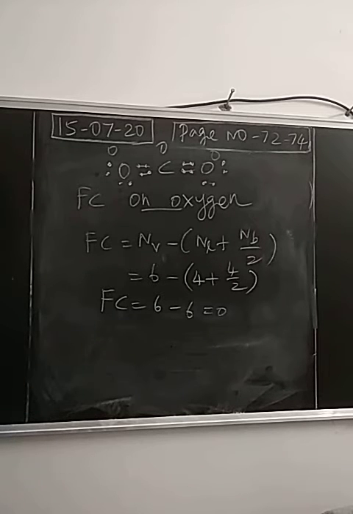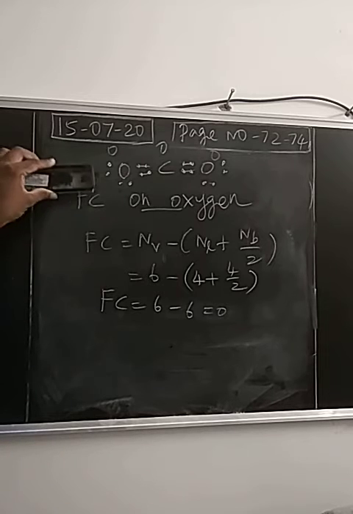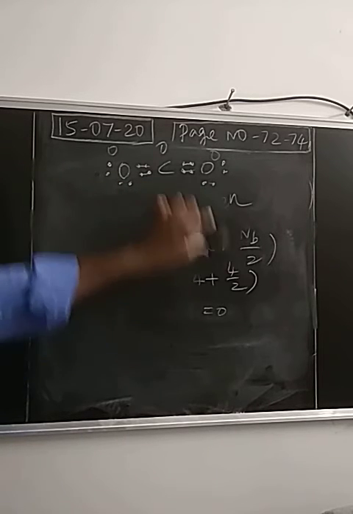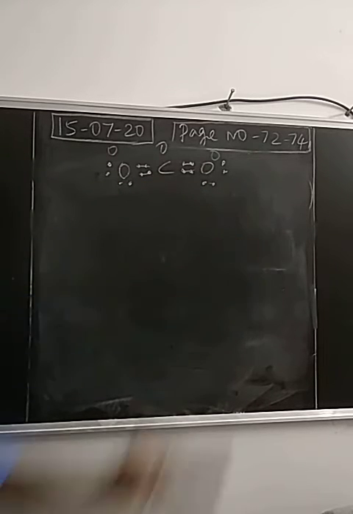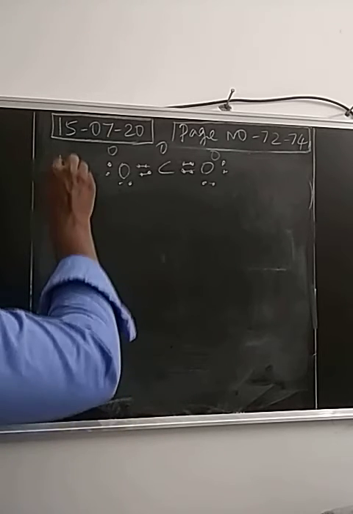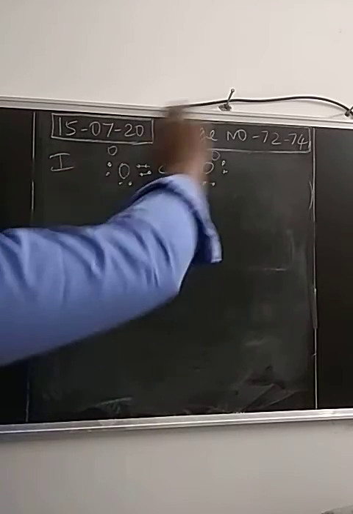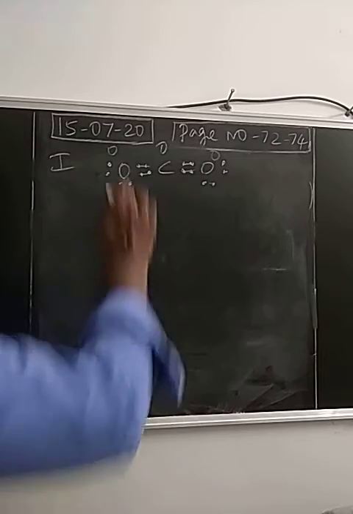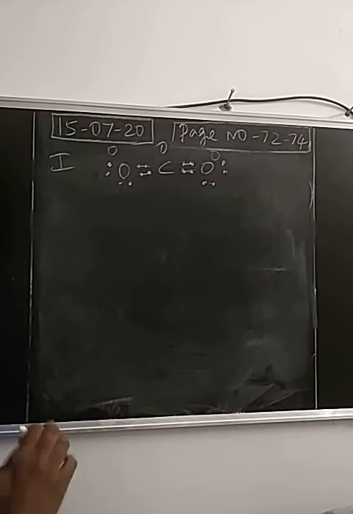So using the formal charge method, we have calculated the formal charge of carbon as well as oxygen. So for the first possible structure, all the 3 atoms are having what charge? Formal charge 0.